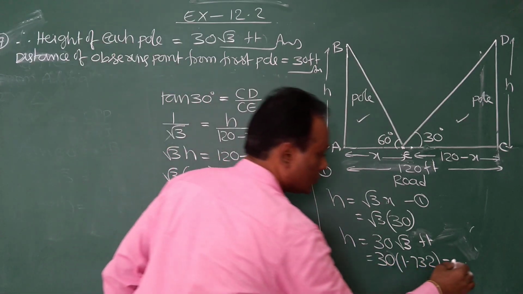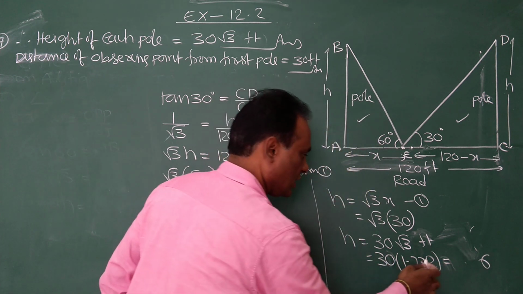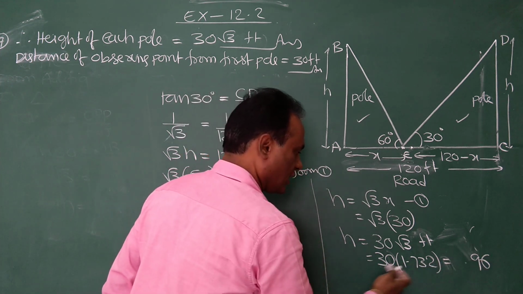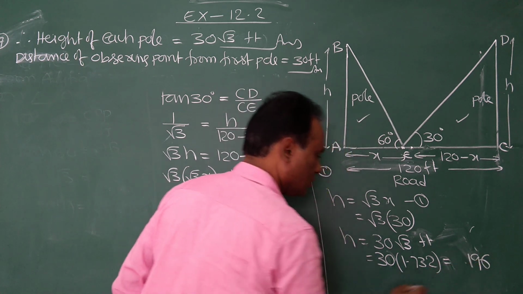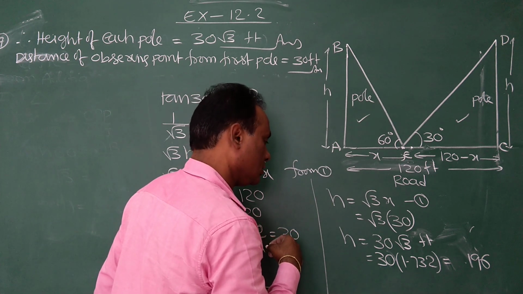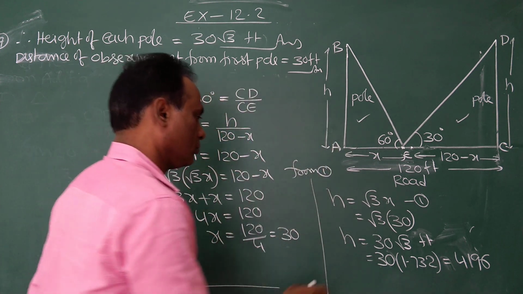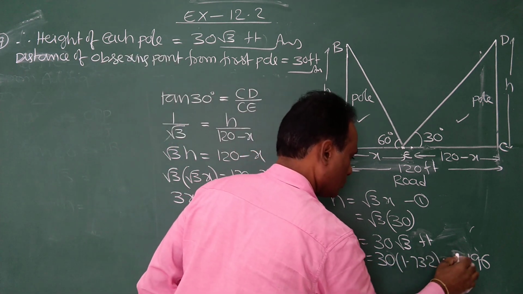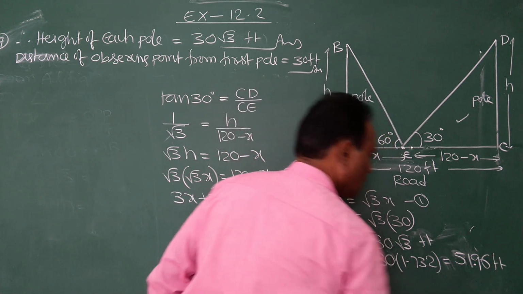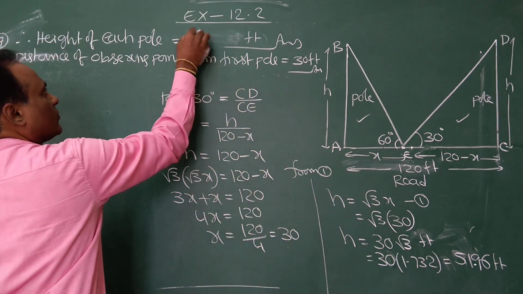So in that case, 3 2s are 6, 3 3s are 9, 3 7s are 21. So in decimals the answer is 51.96.